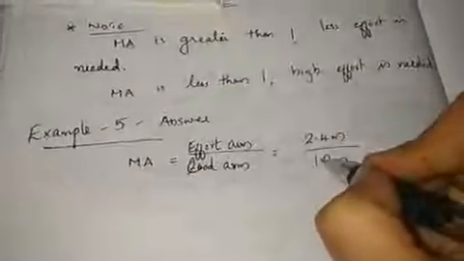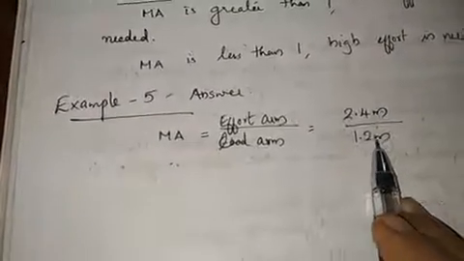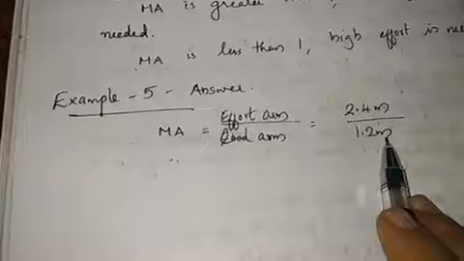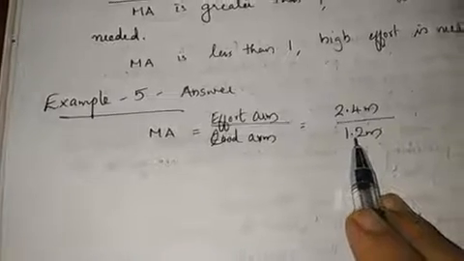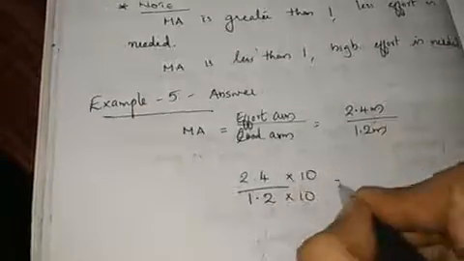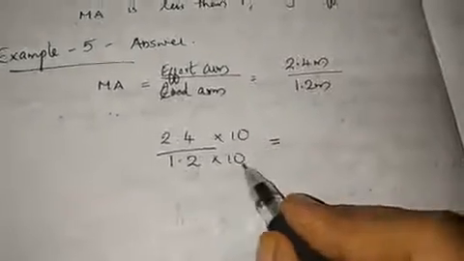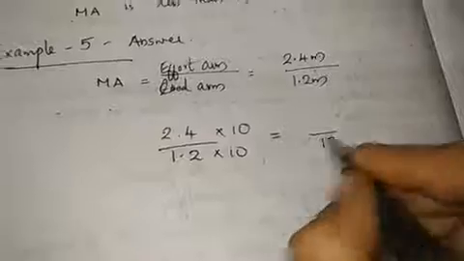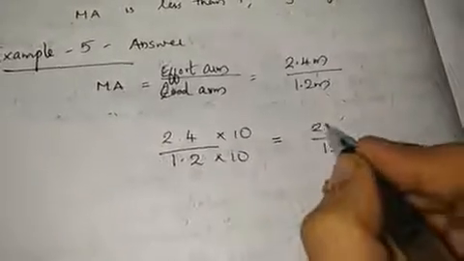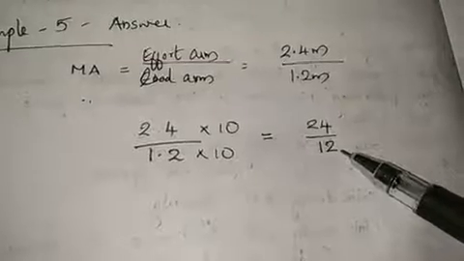Both numbers are decimal numbers. Here in the denominator you should multiply with 10 to remove the decimal, because after the decimal only one digit. So 2.4 divided by 1.2, numerator and denominator multiply with 10. So 1.2 into 10, 12. 2.4 into 10, 24. Now you got 24 by 12.